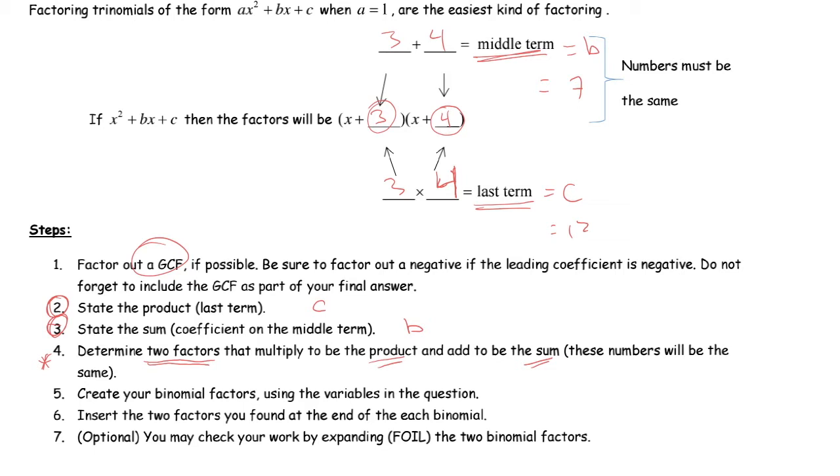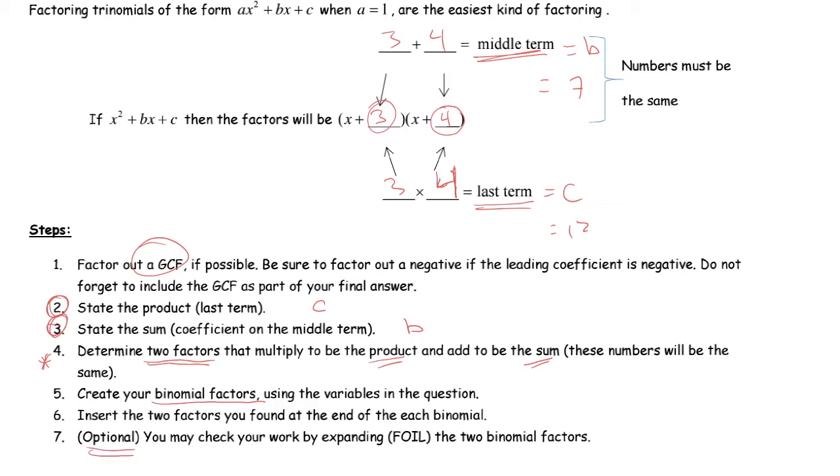The more comfortable you are with your multiplication tables, the easier this sort of thing is. But if you're fighting with your multiplication tables, this becomes very, very difficult. But anyway, from there, we create our binomial factors using the values.